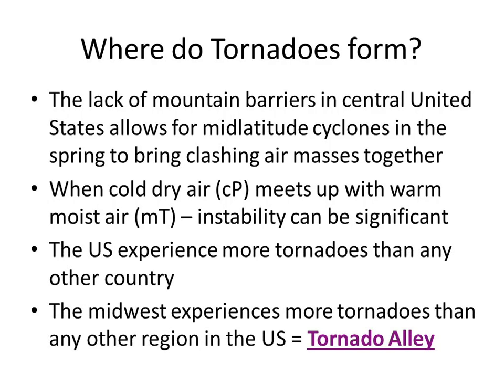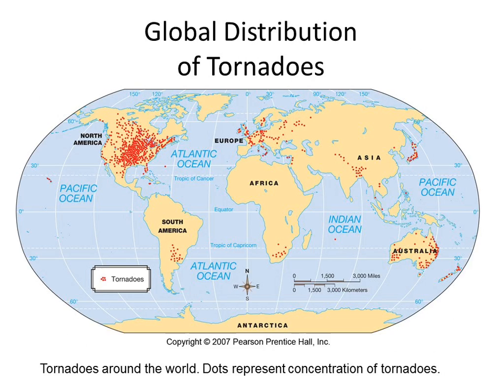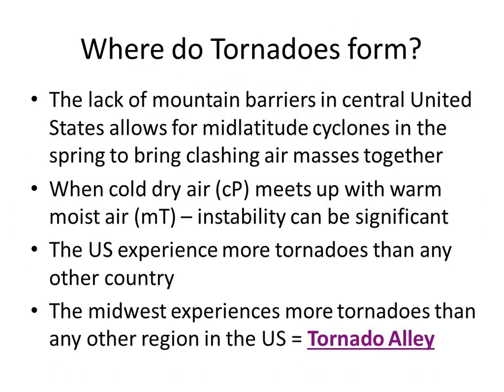So I'm going to show you a site on the internet here in a minute, and it's going to show you Tornado Alley. Now, Tornado Alley just means there's a lot of tornadoes there. If you're like me, I used to always, and I still do, get a little confused about Tornado Alley.